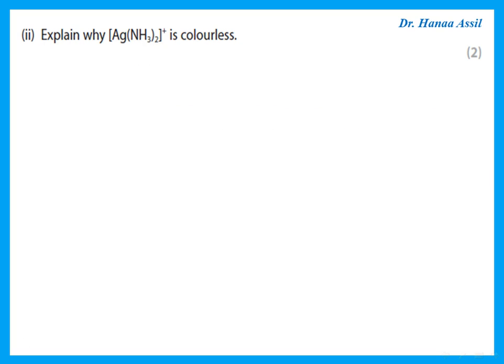Explain why this silver ammonia complex is colorless. Remember, we said most of the complexes of transition metals are colored, but silver plus ions are colorless.